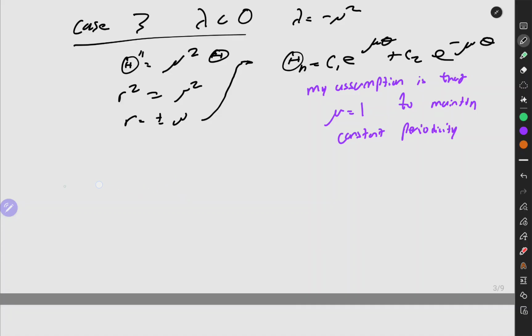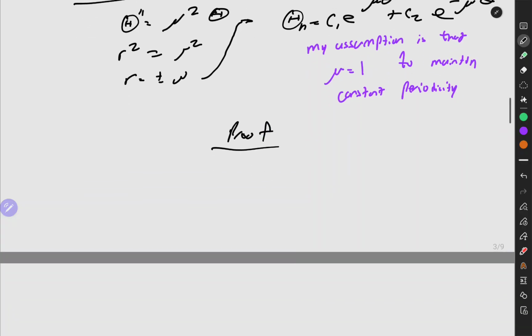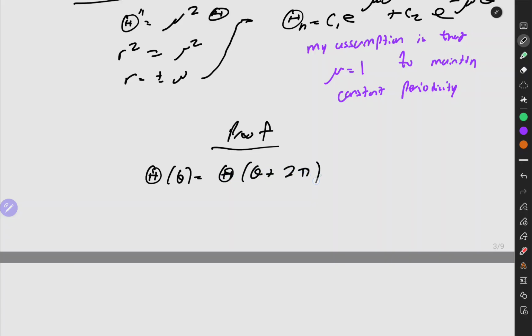Well, let's do our little proof again. I'm getting ahead of myself. Theta of theta is equal to theta of theta plus 2 pi.